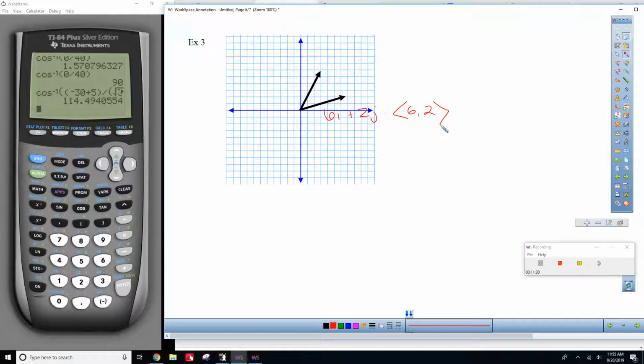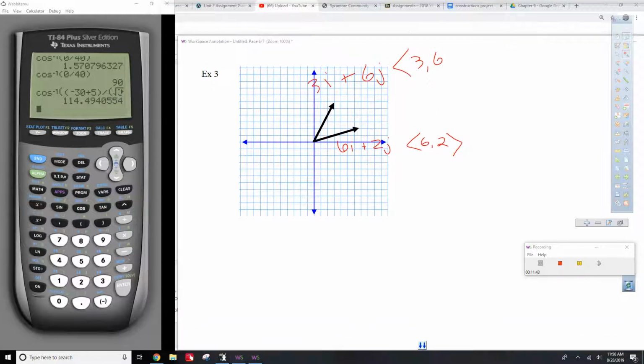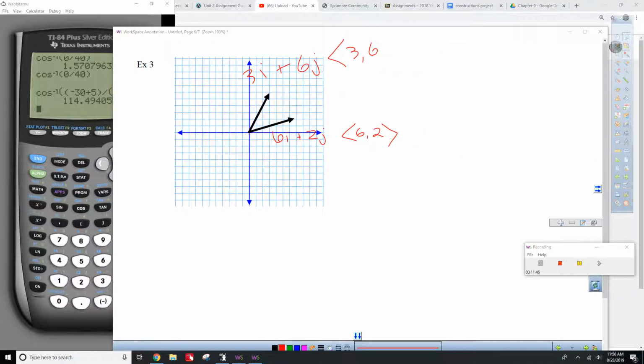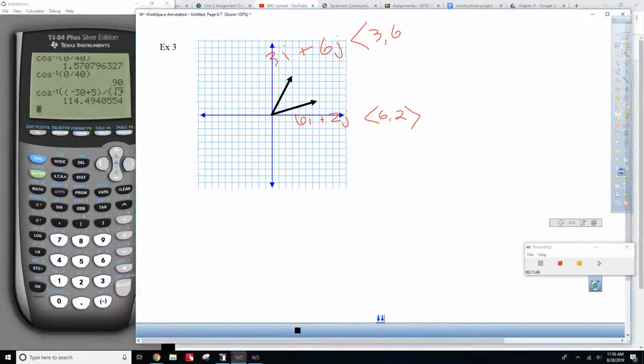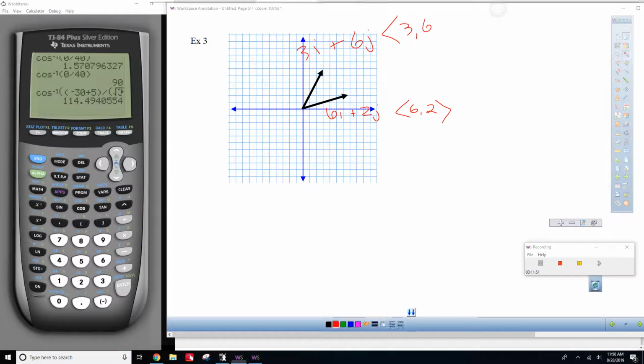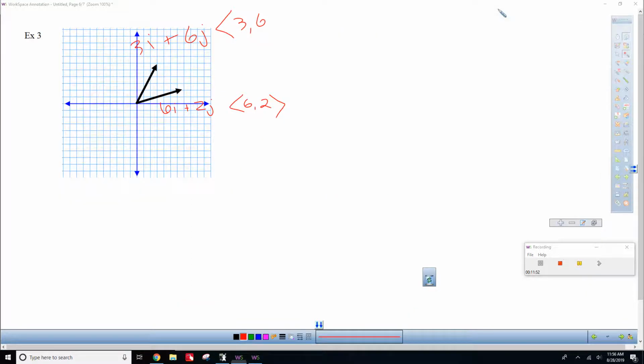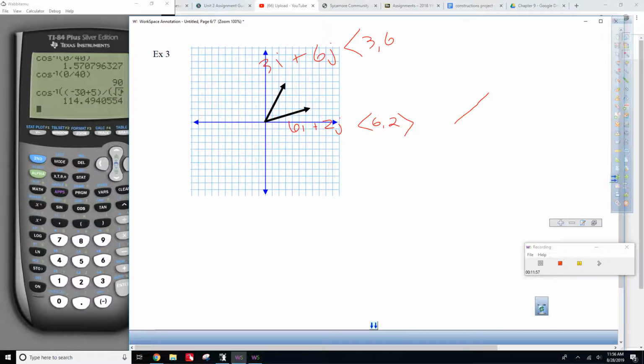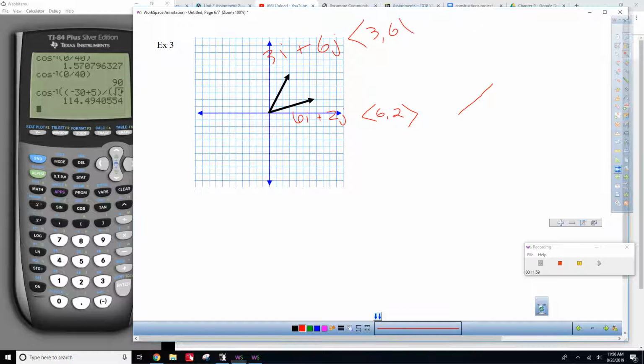We have the vector 3i plus 6j, that's the same thing as 3 comma 6.